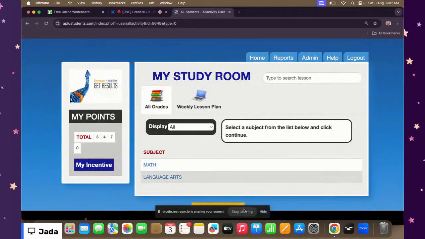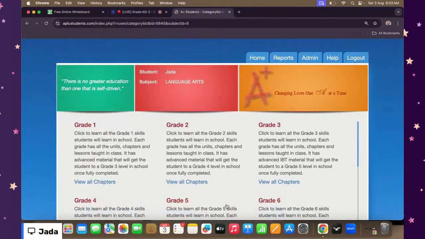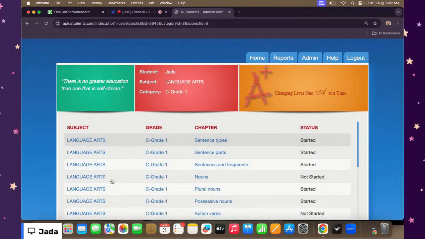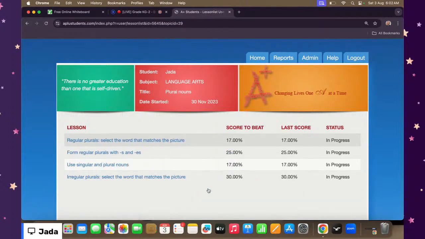Moving on to the language arts, and we'll be taking our lesson from the grade 1 plural nouns. So we have the first lesson, which is regular plurals. Select the word that matches the picture.